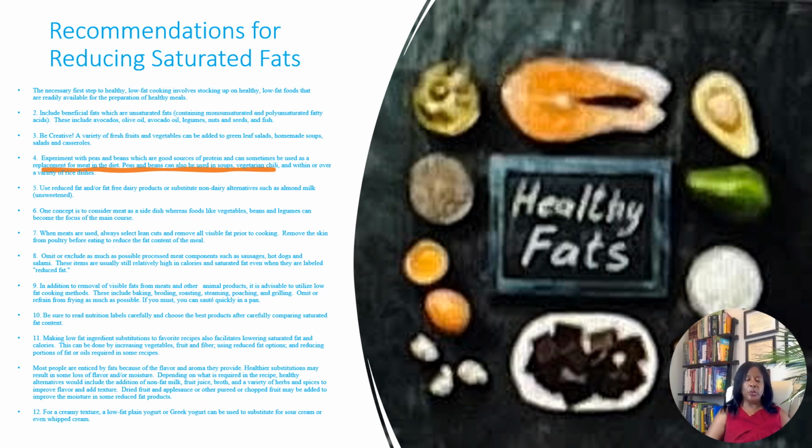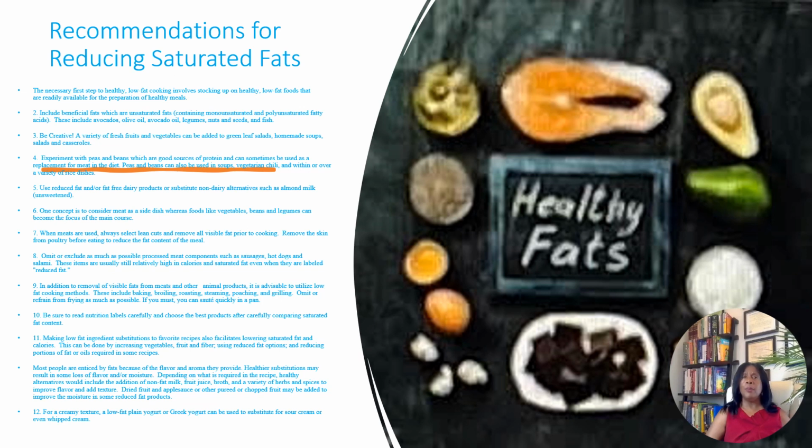When meats are used, always select lean cuts of meat and remove all the visible fat prior to cooking. Remove the skin from poultry always before eating to reduce the fat content of the meal. Omit or exclude as much as possible processed meat components such as sausages, hot dogs, and salami.